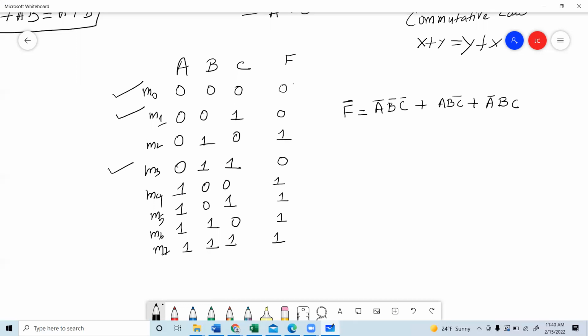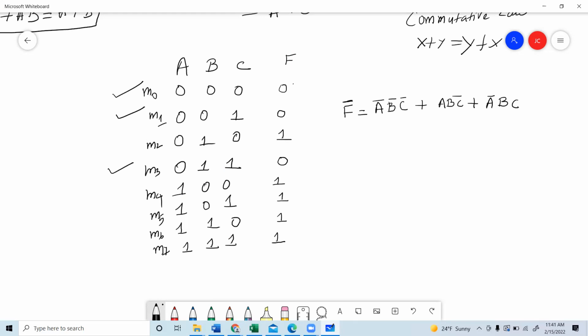There it was producing output of 1, so F is equal to 1. Here I put F bar because I have seen the truth table for which the output is 0, so to differentiate, I put F bar, because for this combination of input the output is basically reversed, opposite.